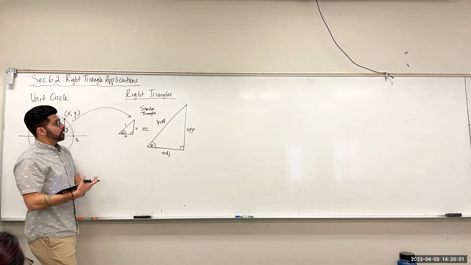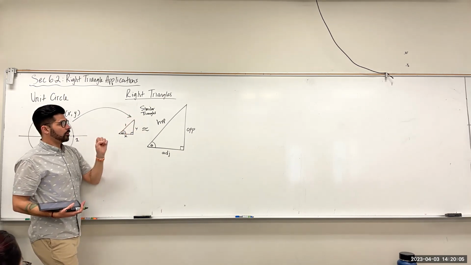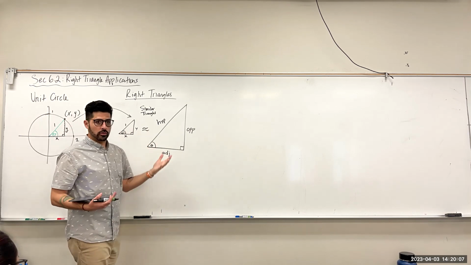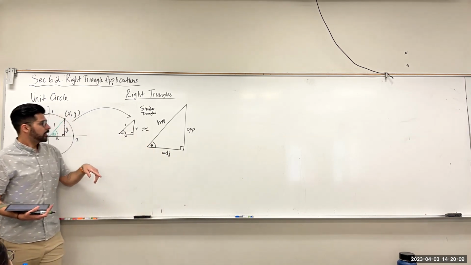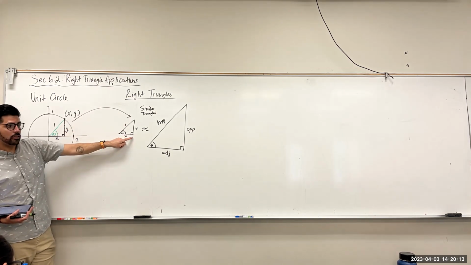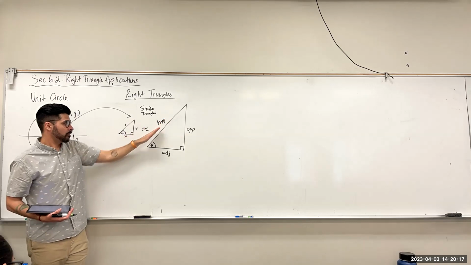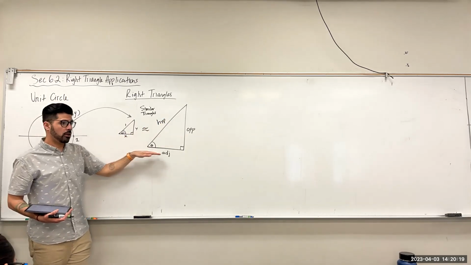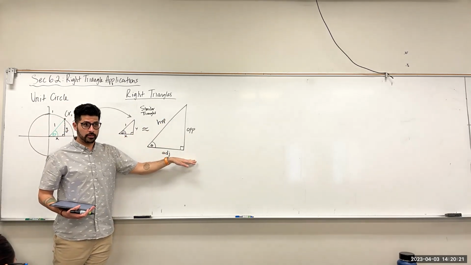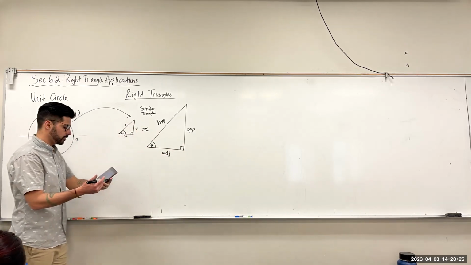What's useful about similar triangles is their sides are proportional. What does that mean? That means that if I divide this hypotenuse over this length, that ratio should be the same thing as dividing this longer hypotenuse by this longer adjacent side. That's what's beautiful about similar triangles.